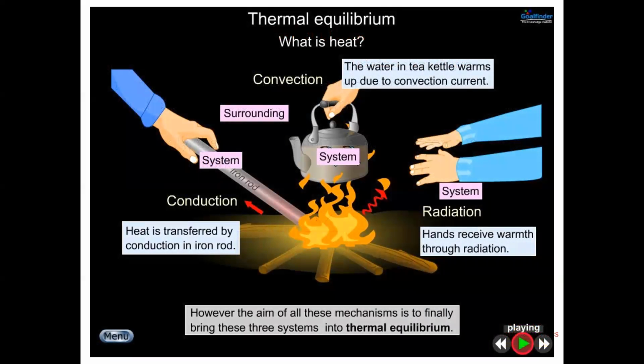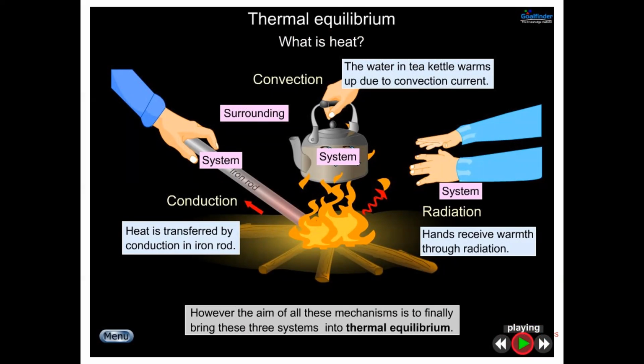You can check here what we are talking about regarding thermal equilibrium. Right here we have three different systems, that is, an iron rod, a kettle and our hands. Now these three different systems are getting heated. The water in a kettle is getting heated due to convection currents, whereas the iron rod is getting heated by conduction because the iron rod itself is getting heated.